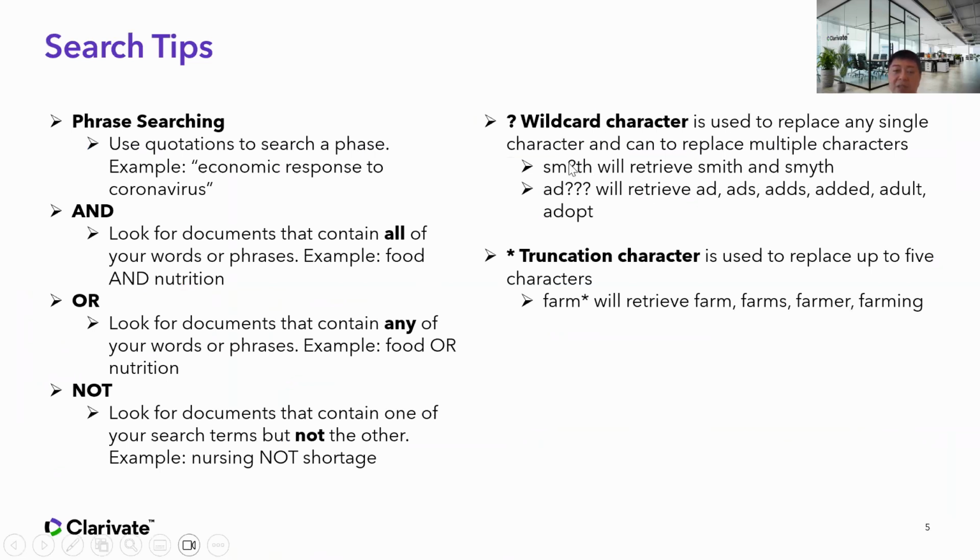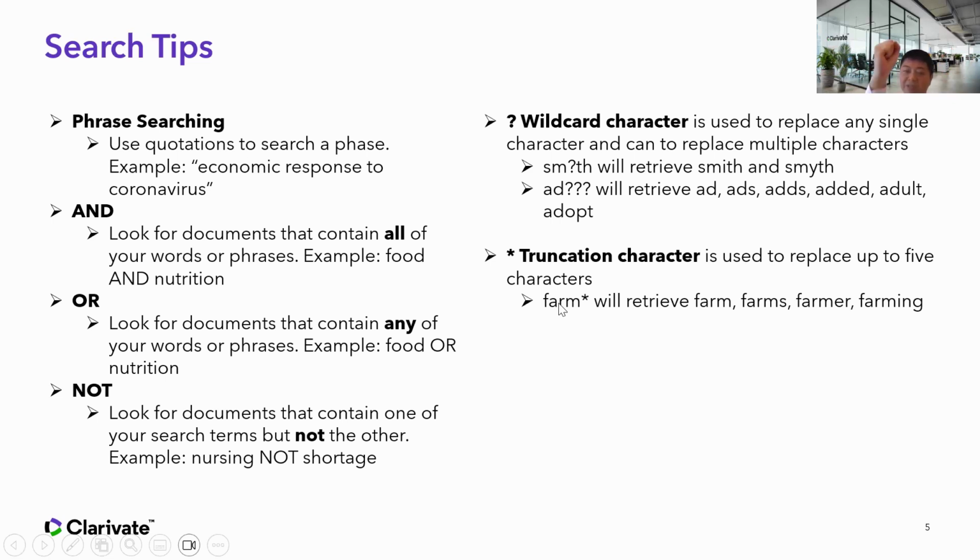And then the wildcard character, question mark. Basically, if you're not sure about spelling, you just put a question mark and then it catches it, right? And you can put multiple question marks if you like. Truncation character: if I put just farm, then it reads the contents with farm or farms only.